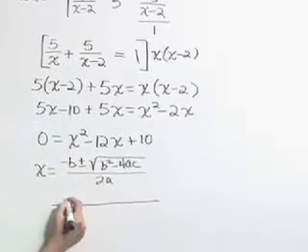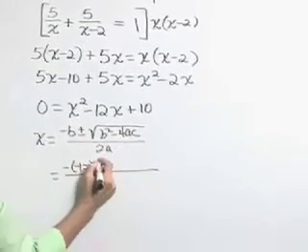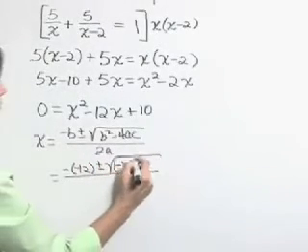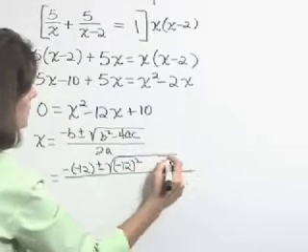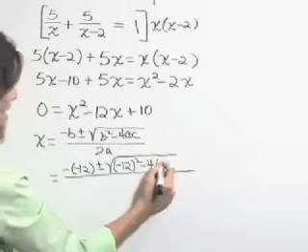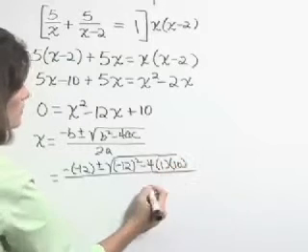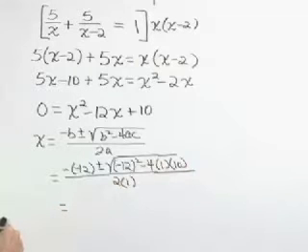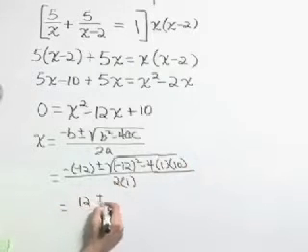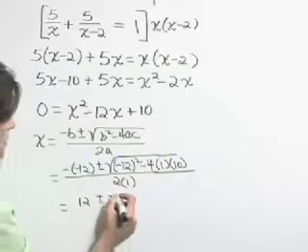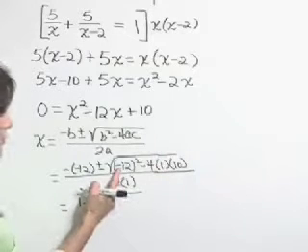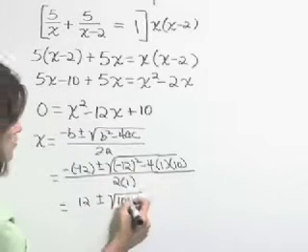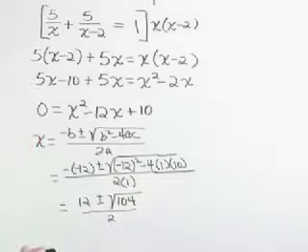So we will have the negative of negative 12 plus or minus the square root of negative 12 squared minus 4 times a, which is 1, times c, which is 10, all over 2 times a, or 2 times 1. This gives us 12 plus or minus. Underneath that radical, we've got 144 minus 40, that's 104, all over 2.